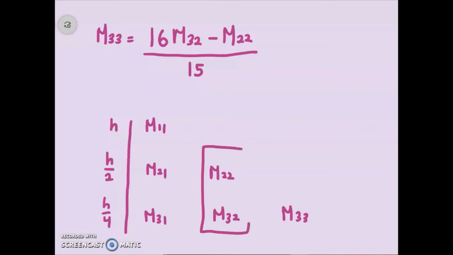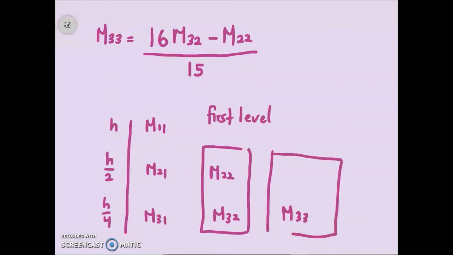This first level is called the first level of extrapolation. Now this is the second level. Our midpoint rule has order p equal to 2. Here, at the second level, p will be 4.